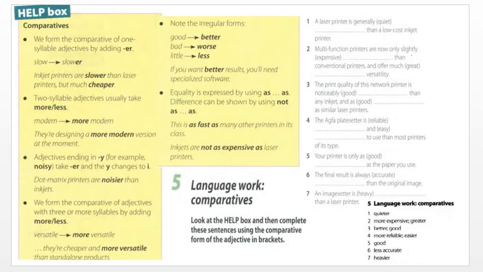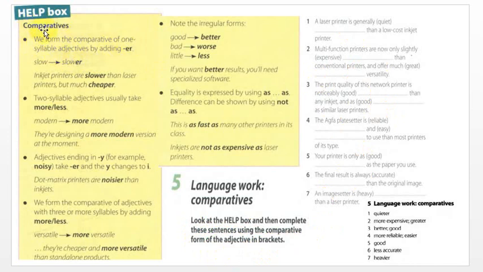Okay, let's see what we have in the help box. As we studied before, we will talk about connectors and comparatives. Using comparatives in task number 5, look at the help box and then complete these sentences using the comparative form of the adjective. After that you can fill in the blanks. What is a comparative?